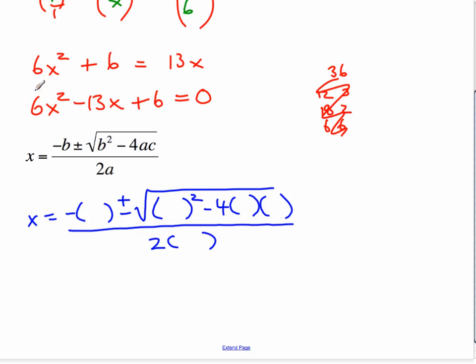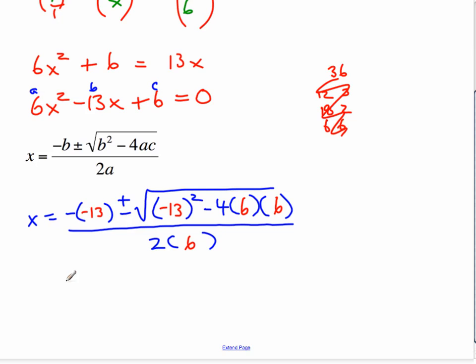Up here my somethings are, in front of the x squared is an a, and then this is a b, and this is a c. So I'll plug those numbers in. B is negative 13, b here again is another negative 13, a is a 6, and c is a 6. And then down there a is a 6.